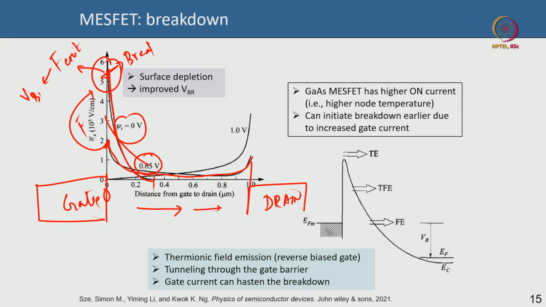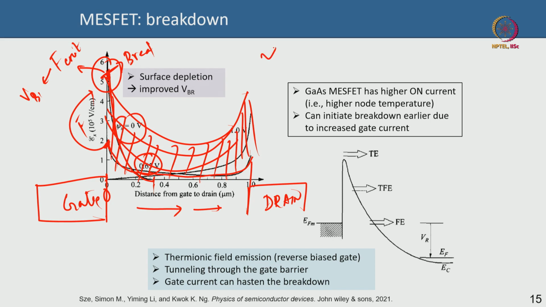Eventually it will break down. The area under this curve is the breakdown voltage. If the area has increased, it means breakdown voltage has increased. That means a psi s of 0.65 electron volt, which means there is a certain trap concentration that has modified the surface pinning level. If this has happened, then your breakdown voltage improves.